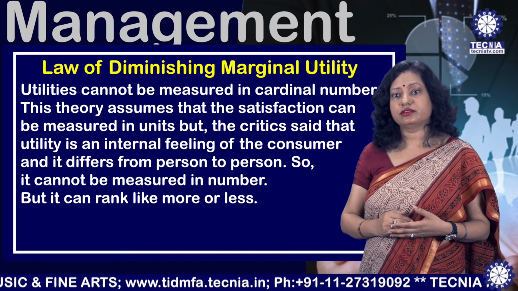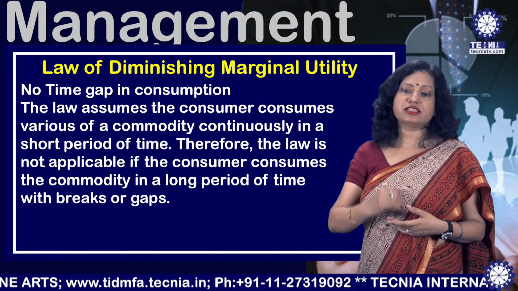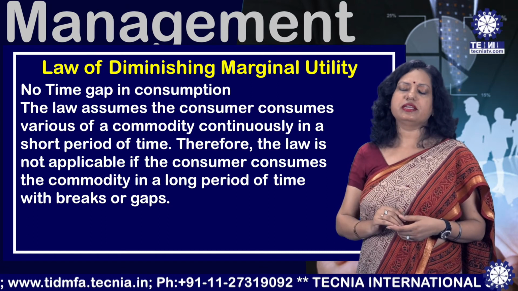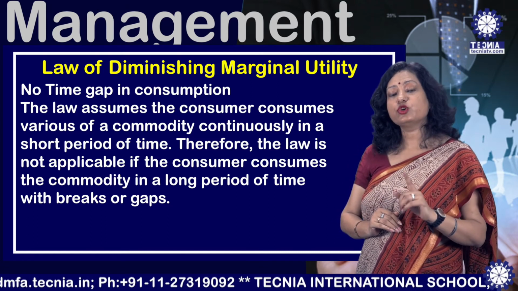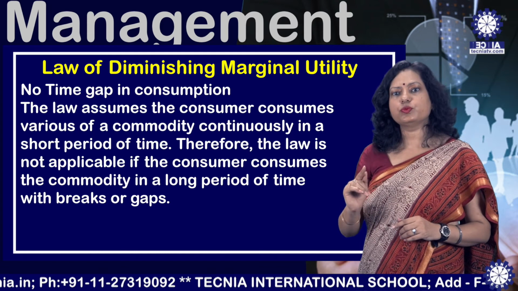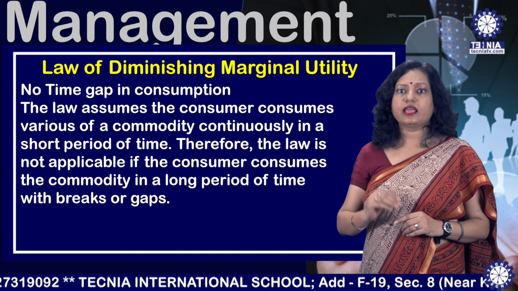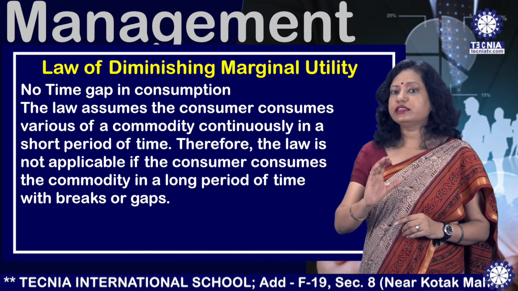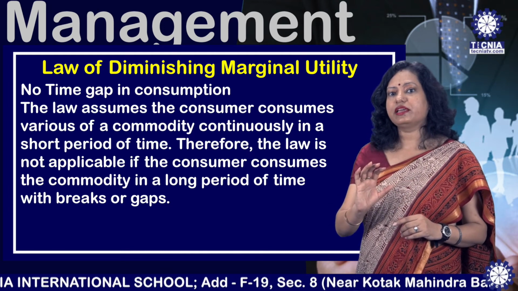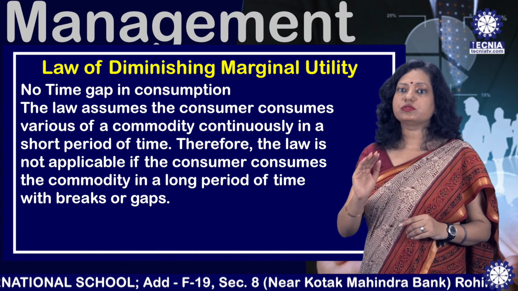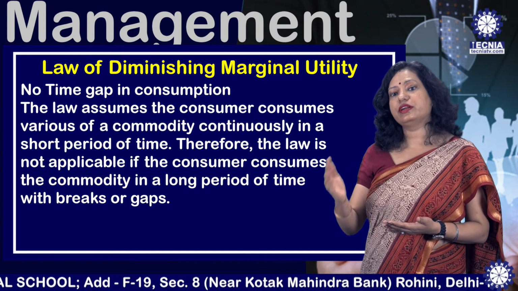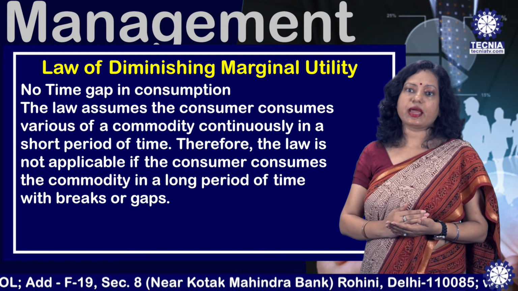The next assumption is no time gap in consumption. The law assumes the consumer consumes various units of a commodity continuously in a short period of time. Therefore, the law is not applicable if the consumer consumes the commodity over a long period of time with breaks or gaps.